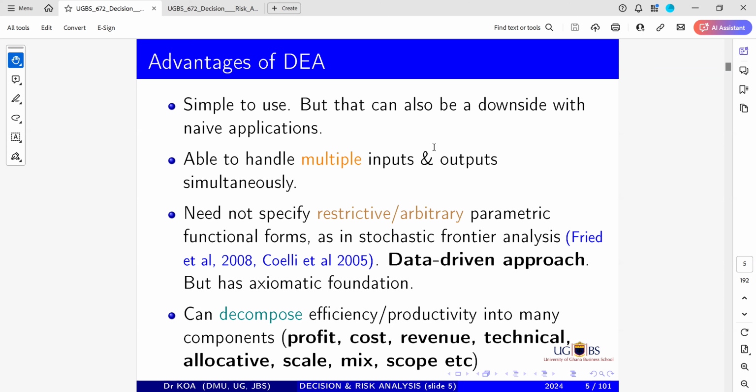Cost or revenue can be decomposed into technical and allocative efficiency. Technical can be decomposed into pure technical and scale efficiency. And technical can also be decomposed into mix efficiency. And cost can be redecomposed into different scope efficiencies. So they are quite different kinds of parts of efficiency.